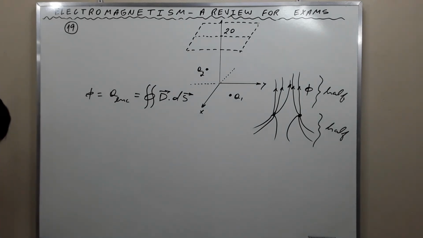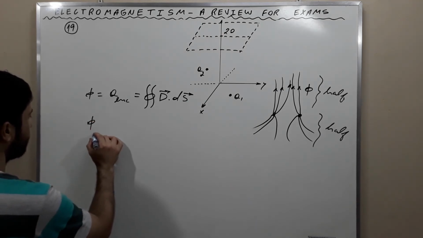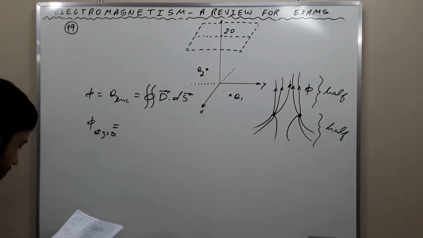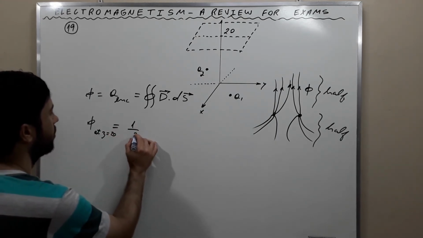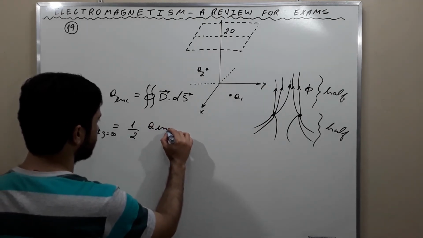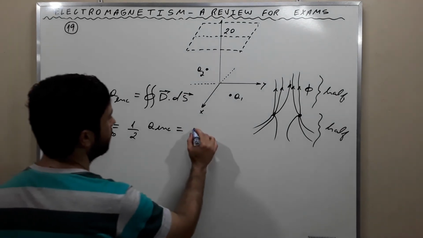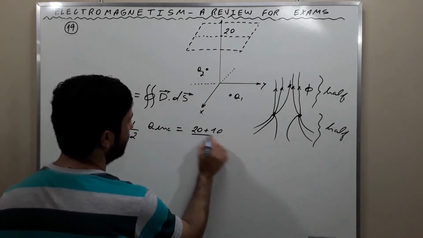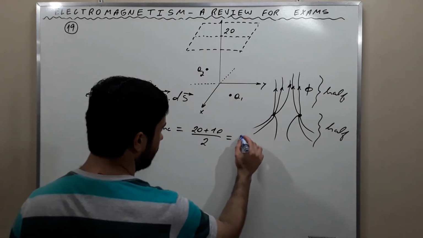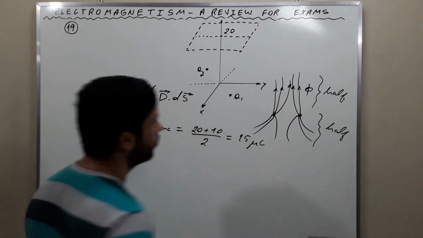Okay, so the flux at z equal to 20 is going to be equal to a half of the enclosed charge, and this is equal to 20 plus 10 divided by 2, which is simple and equal to 15 nanocoulombs.